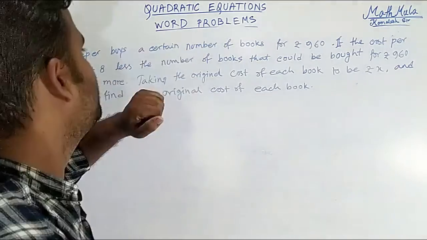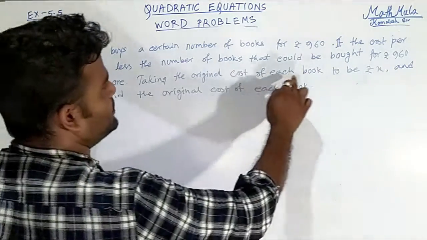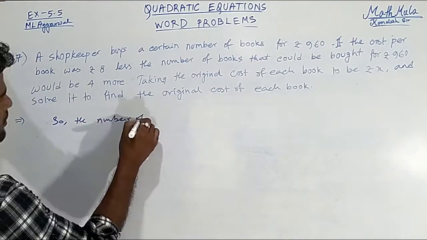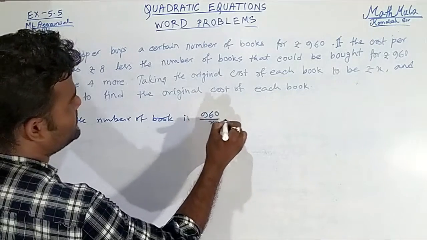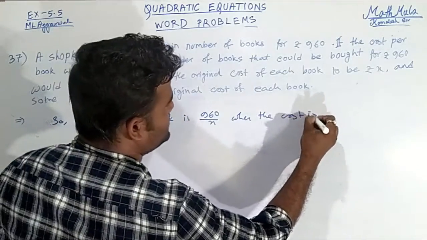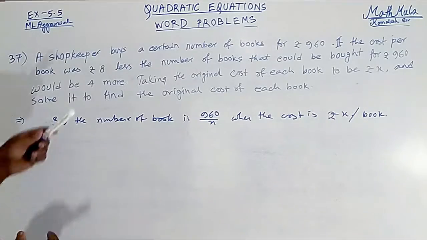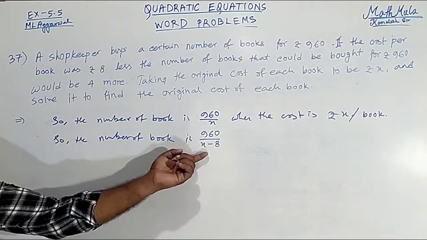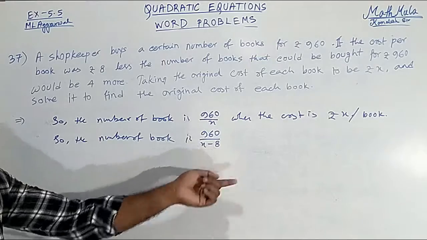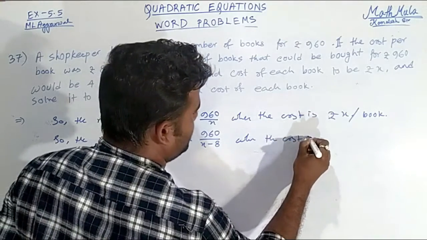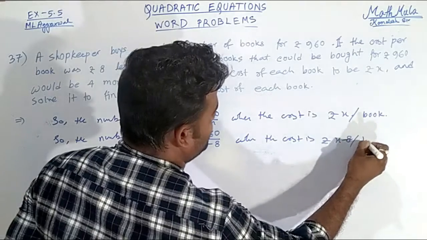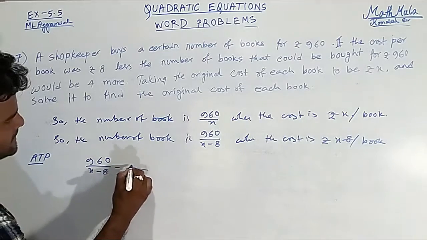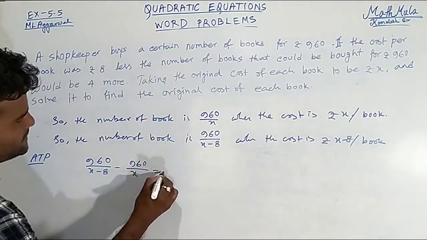So the number of books is 960 by X when the cost is rupees X per book. And the second condition, if the cost per book was rupees 8 less, that is X minus 8, the number of books is 960 by X minus 8. So according to the problem, 960 by X minus 8 minus 960 by X is equal to 4.